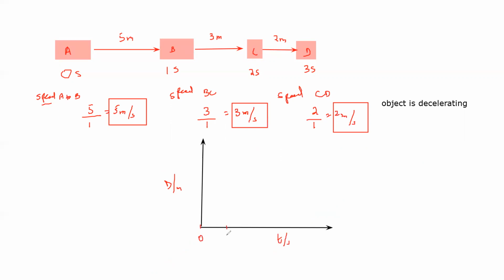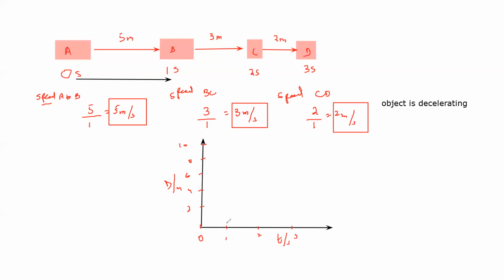So 0, 1, 2, 3. And for example 2, 4, 6, 8, 10. So for the distance time graph, in the beginning, till 1 second, the total distance the object covered is equal to 5 meters.